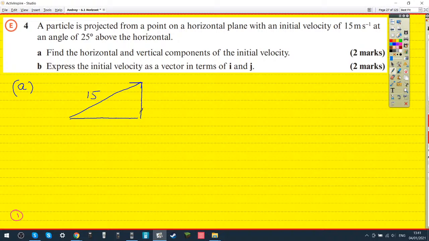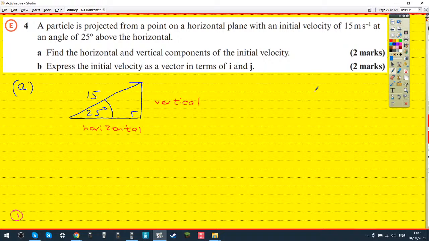Yeah. And so we're just doing the same thing with SOHCAHTOA and stuff. So I've got my hypotenuse and I've got, could I do sine of 25 equals to, oh no. Oh yeah, sorry.